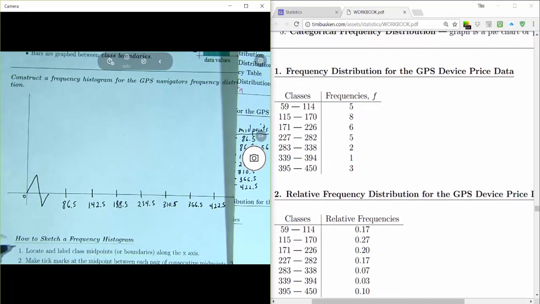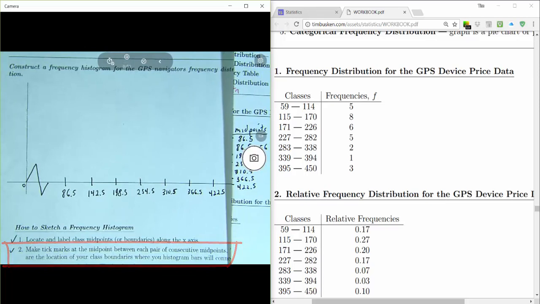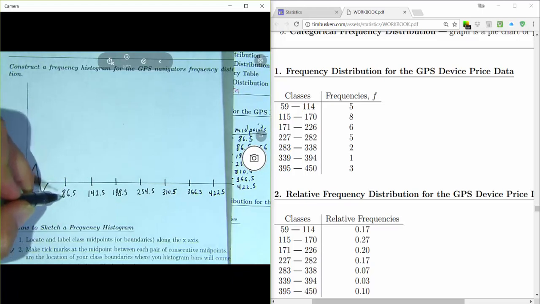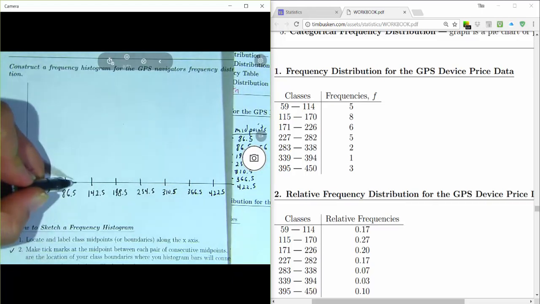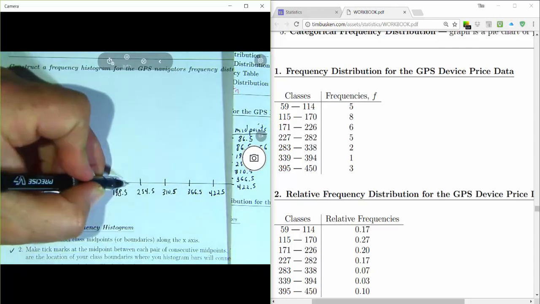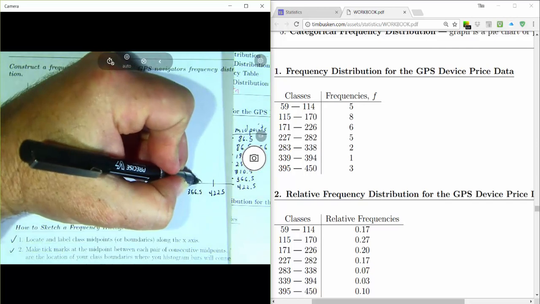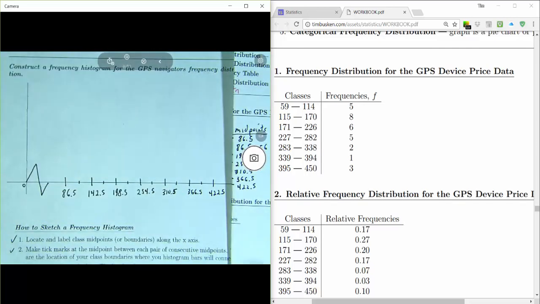Okay, once we've done step 1, go ahead and go to step 2. We're going to make tick marks at the midpoint between each pair of consecutive midpoints. So here's 2 consecutive midpoints. Just going to put a smaller tick mark between every 2 consecutive midpoints. And what we're doing is we're locating the class boundaries.